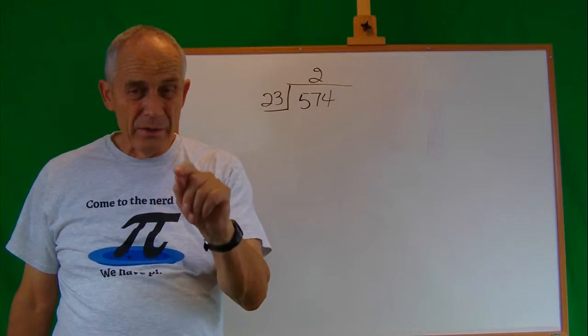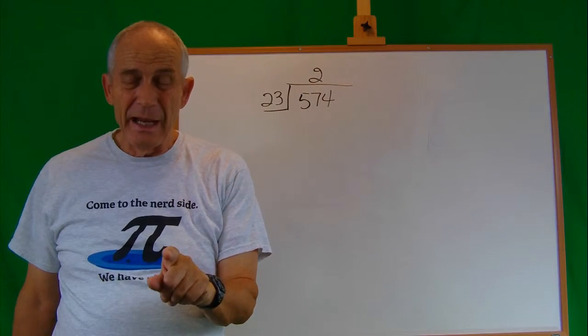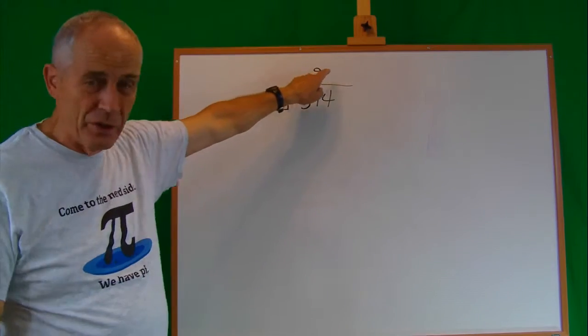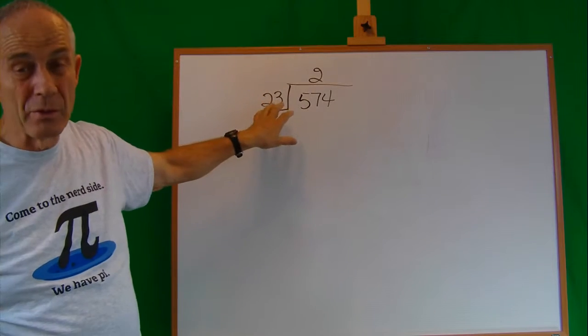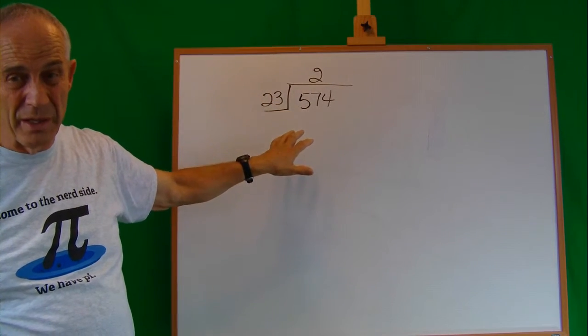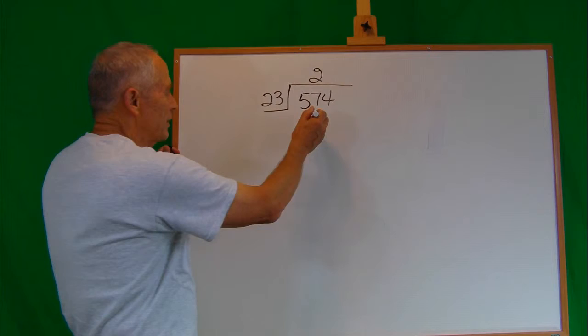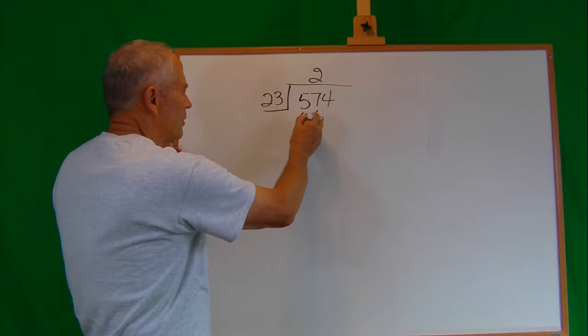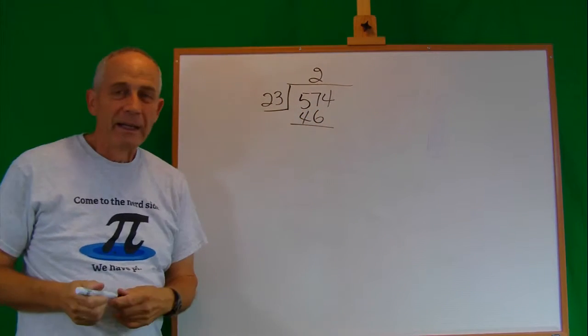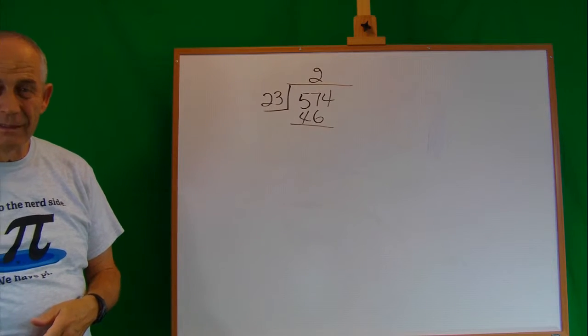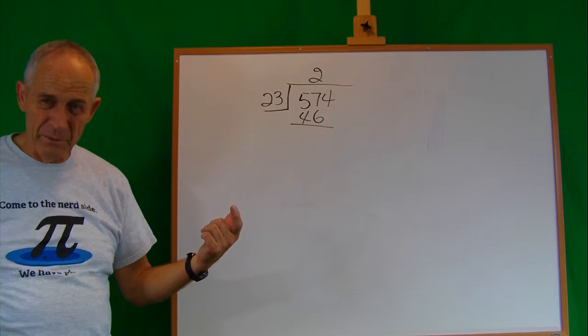So when I go to do the next step, which is multiply, I have to multiply the 2 times the 23. Both of those numbers. 2 times 3 is 6, 2 times 2 is 4. It wasn't too big. We'll check now to see if it was too little.